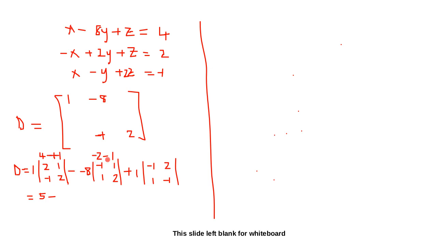So -2 minus 1, that becomes a -3. A -3 times -8. A negative times a negative becomes a positive. 8 times 3, now that becomes 24. So that is 24 there.